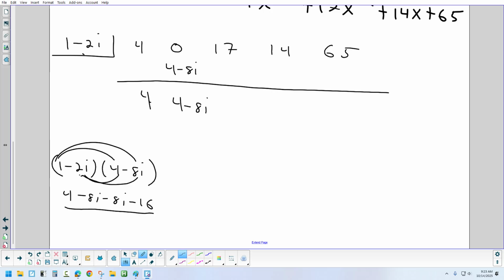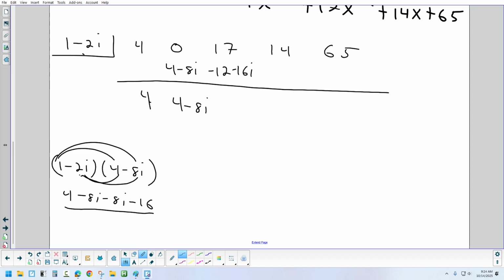What does that simplify to? And that's what I'm going to put under 17. Negative 12. So we got 4 minus 16. Yep, perfect. And negative 8 minus 8 is negative 16.